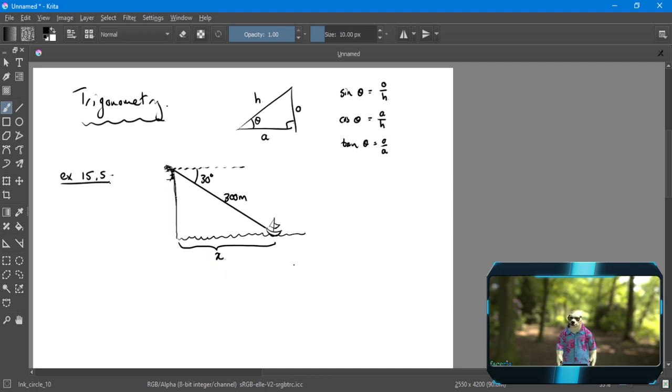Now you should see we're looking at a right angle triangle here. We don't have information about how high I am above sea level. I have information about the hypotenuse. I have this horizontal bottom edge of the triangle that should be involved because I'm looking for it. And then I have this angle, which isn't right away an angle in my triangle, but the horizontal and the vertical together make 90 degrees.